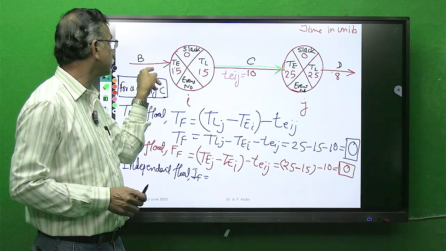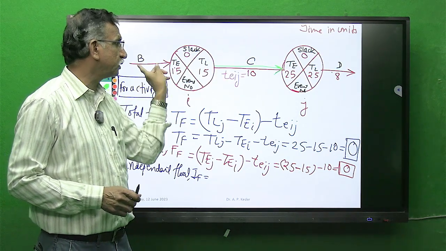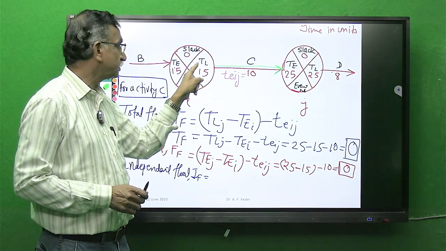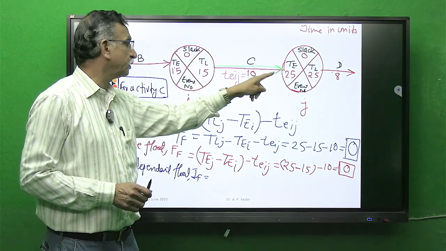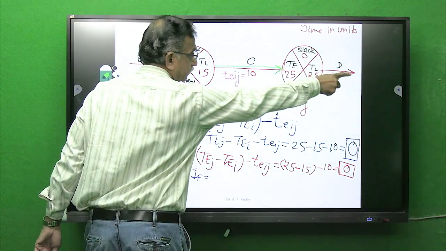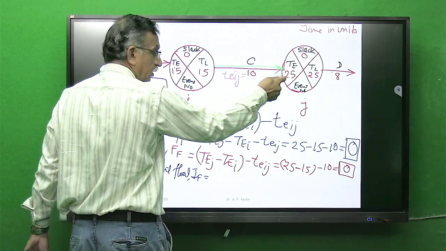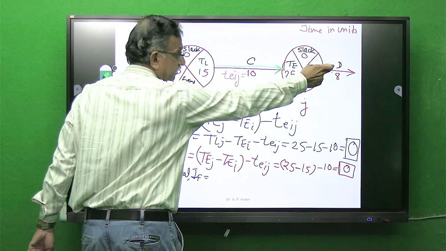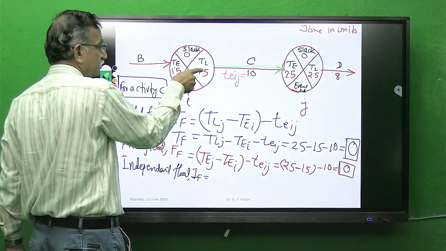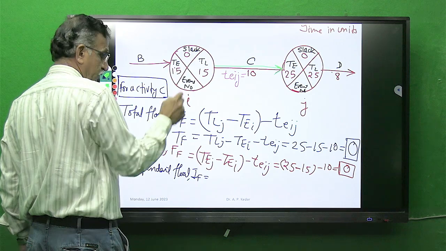This is the predecessor, B is predecessor for C, latest time for B is 50, this T L. So ultimately the assumption is a gap of earliest start of successor and latest finish, latest completion of predecessor.